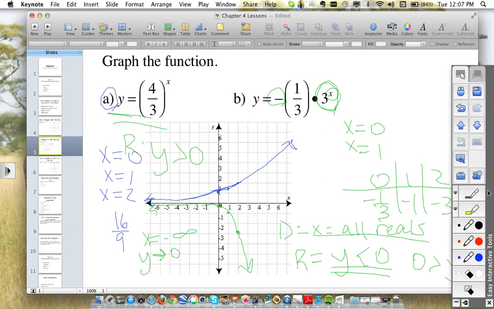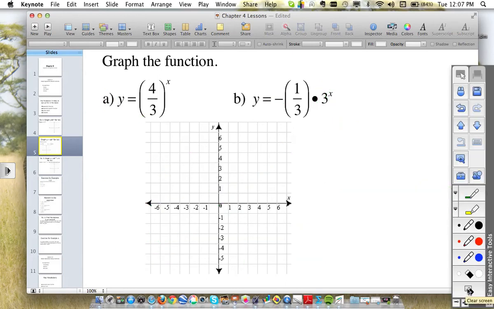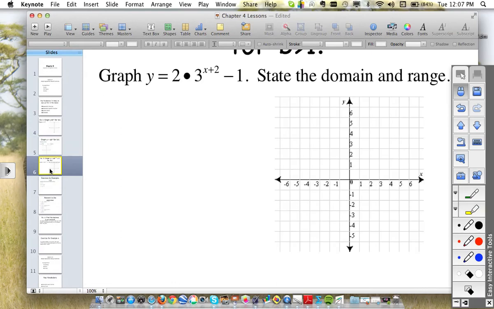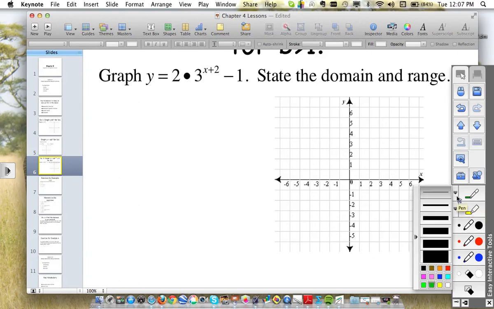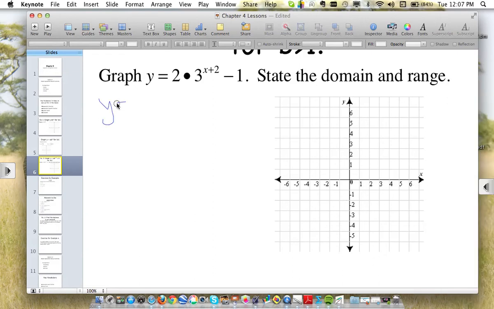All right, so let's clear this off. Click onto our mouse and take a look at our next example. All right, so now we have, I'm going to get back into the blue because it's easier to see. So now we have an example where we have our parent function and we're going to make some transformations.